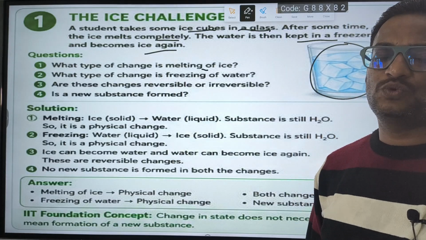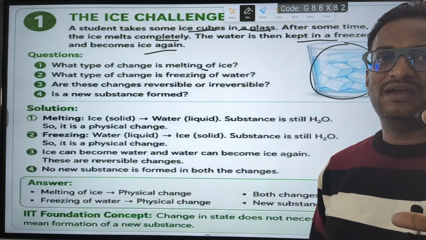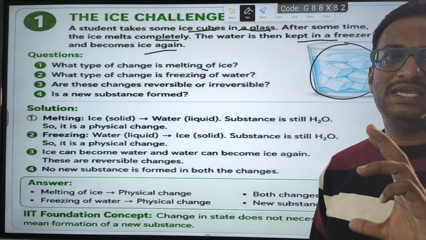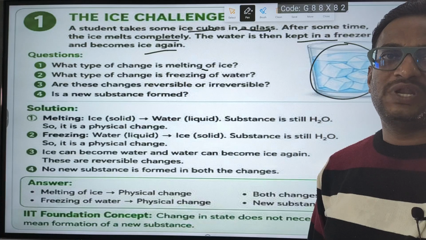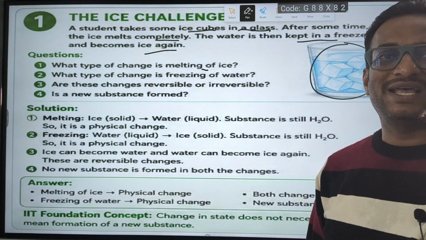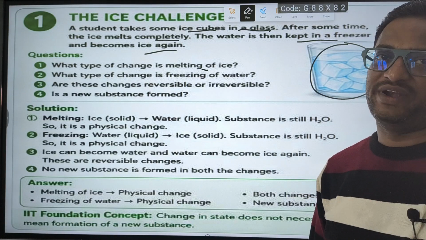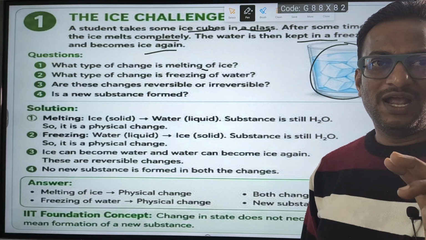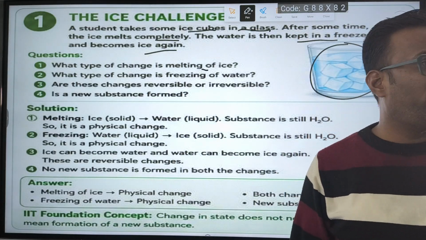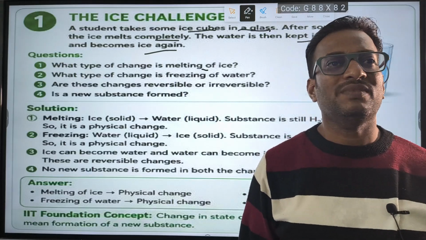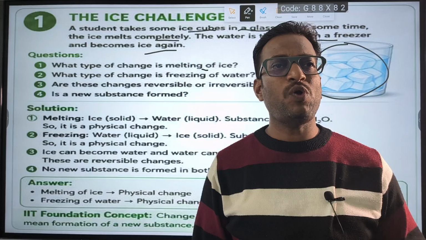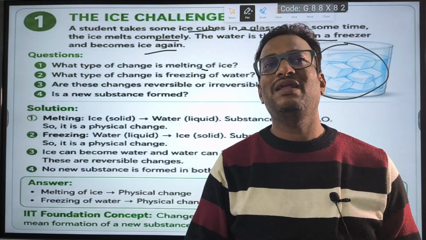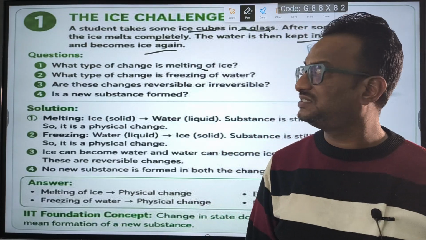So, what the student has done: he has collected ice cubes in a glass and kept them for a while outside. After 10, 15, 20 minutes, it has completely turned into liquid. Again, he took that liquid and kept it in the freezer, deep freezer. After a few hours, it once again converted into ice.